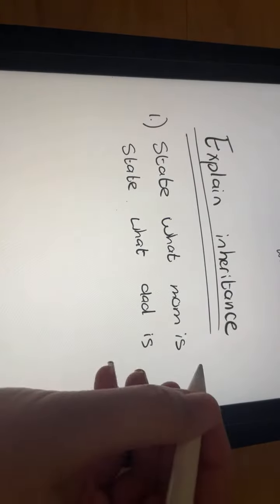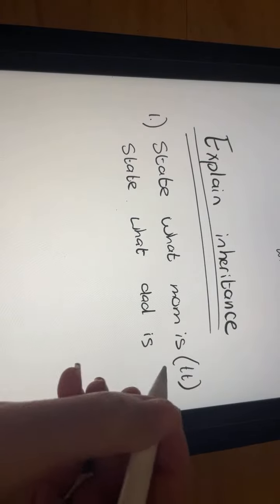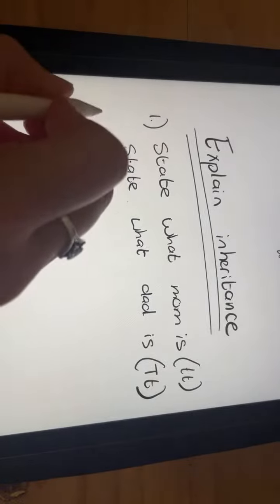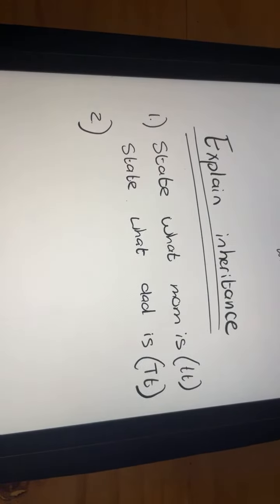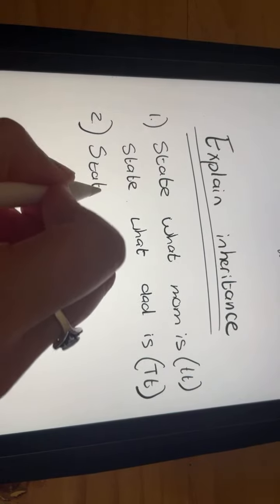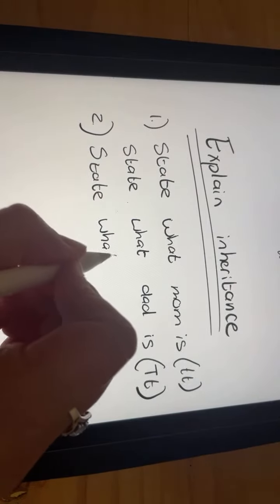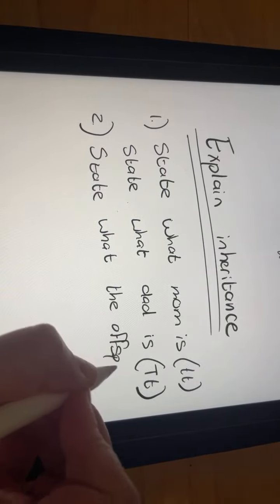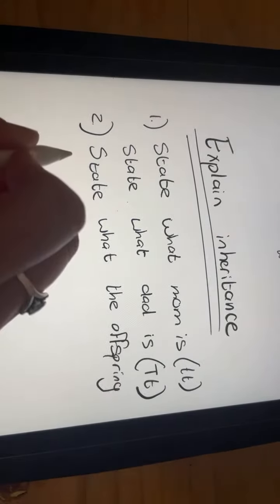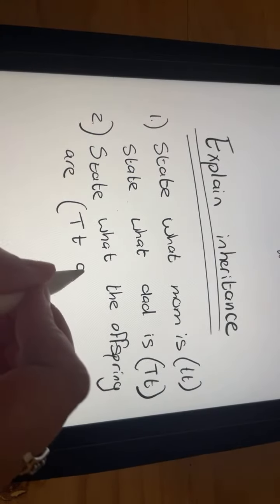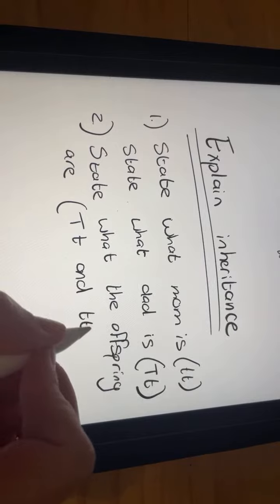Okay, so in this answer, these were our options. You're going to confirm this by stating what the offspring are, which in this case, we had offspring like this, and we had offspring like this.